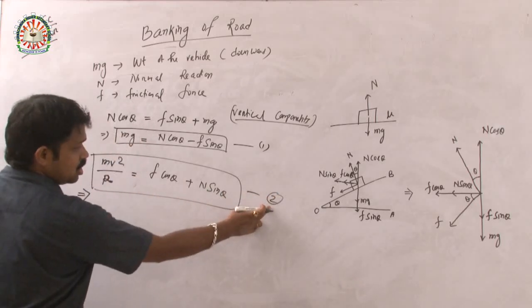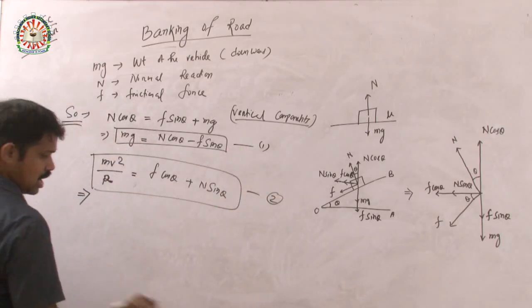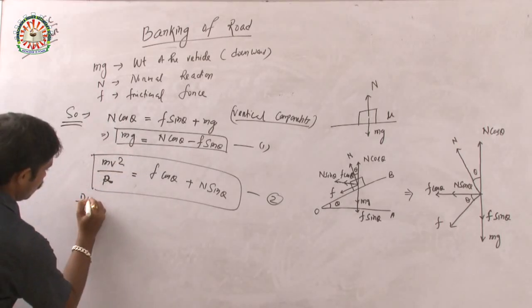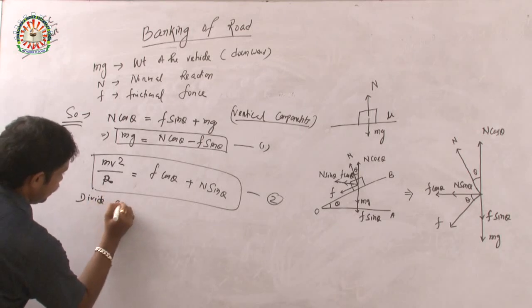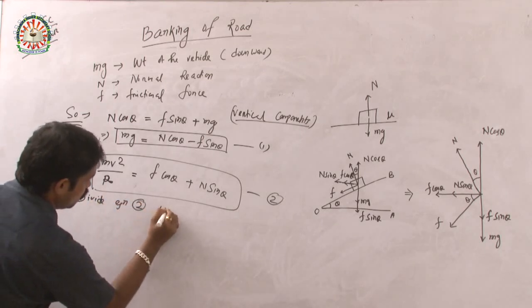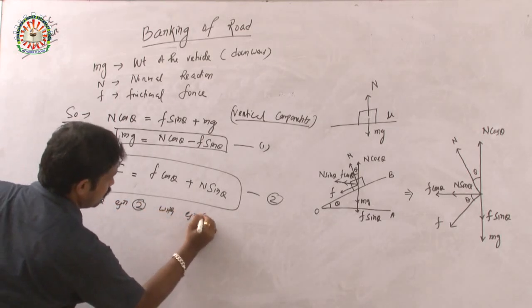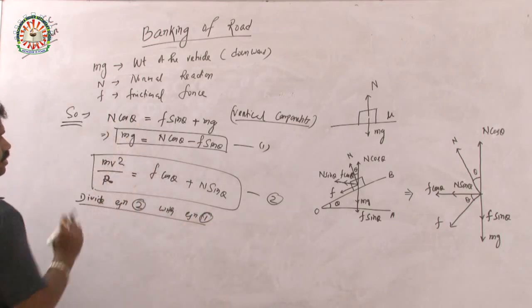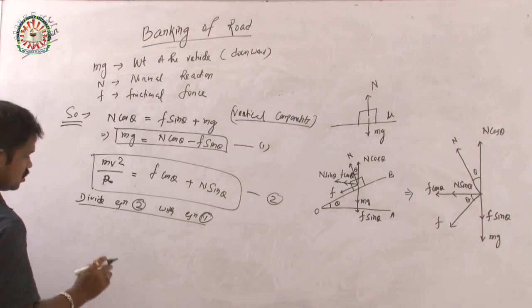Now divide equation 2 with equation 1. Let us divide this by this. So what we will get?